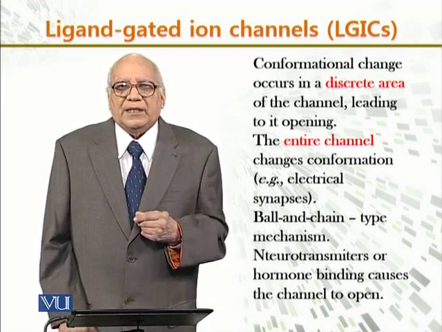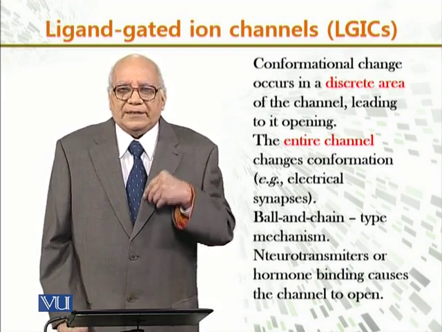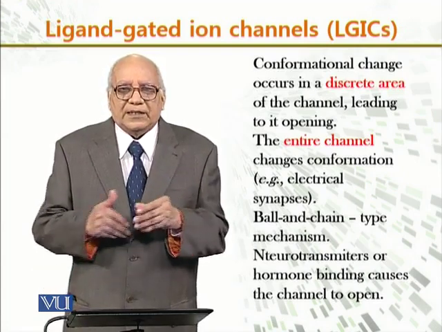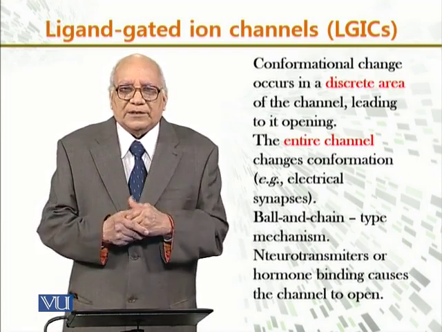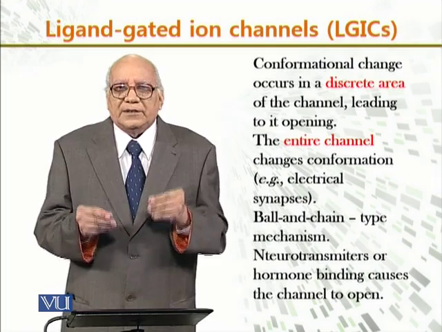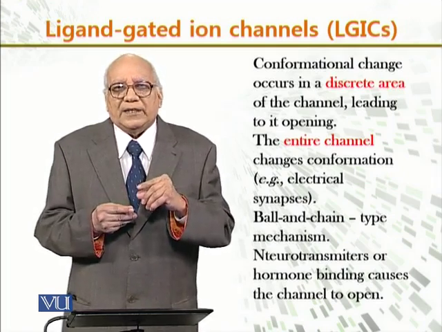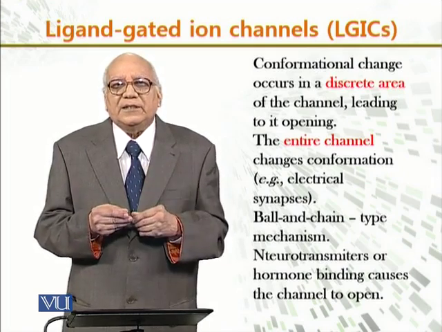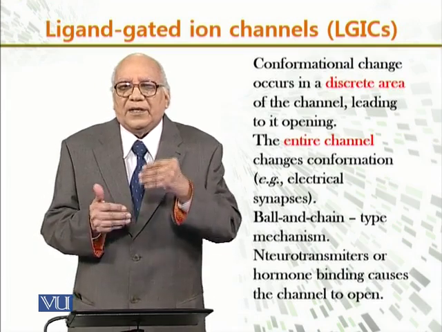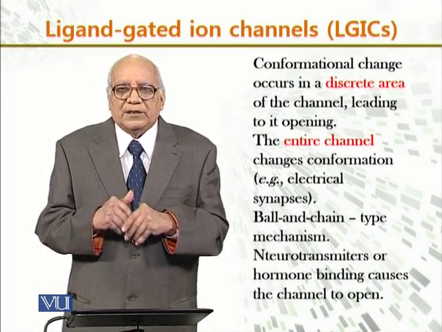Its conformation, its nature, changes. For example, in electrical synapses, the electrical potential changes. And there are different models like the ball and chain type, wherein the channel there is a ball and chain, that is, the ball actually fits into the channel or is removed from the channel, and the ions or the other signals pass through.